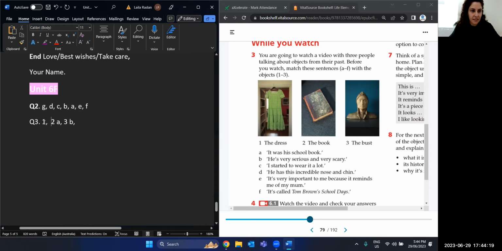So 1C. I started to wear it. You wear something. You wear a dress, you wear shoes, you wear jewelry. He had this incredible nose and chin. Must be 3 because I can see a nose and chin. Chin is here. So 3D.